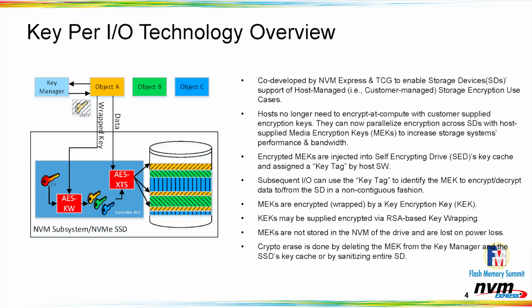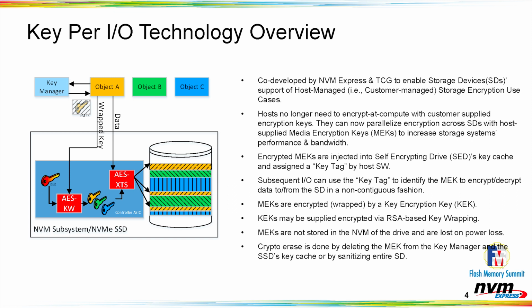During the read and write commands, the host sends the data and a reference to the key that the storage device needs to associate with the storage object. So when you have your data stored on the NVM, you could have dynamically sized objects, each individually encrypted with a key that is only known by the host.